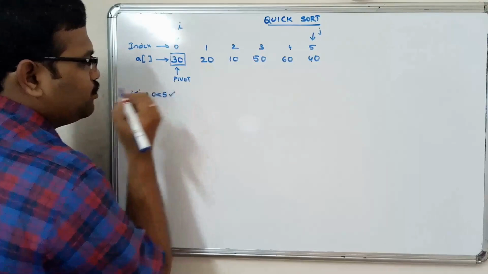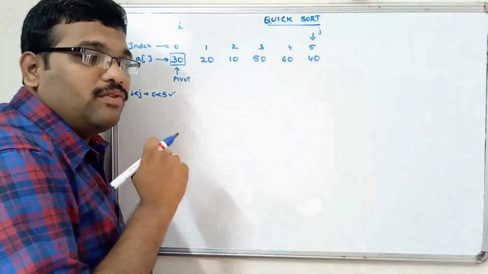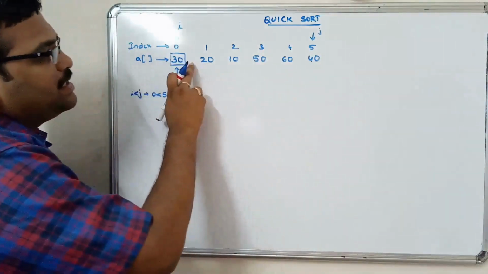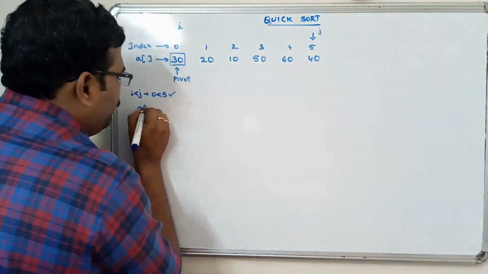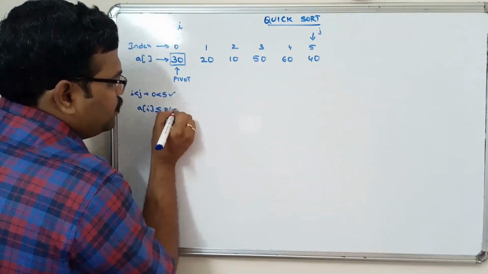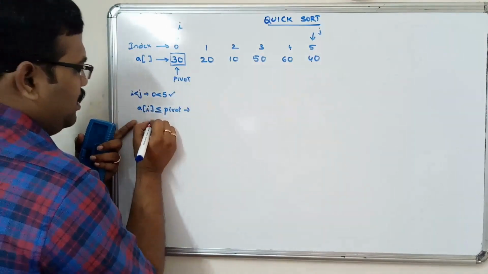The condition is true, so we have to repeat the process. What do we have to repeat? We have to keep on incrementing i until a of i is less than or equal to the pivot. See this condition, i plus plus.